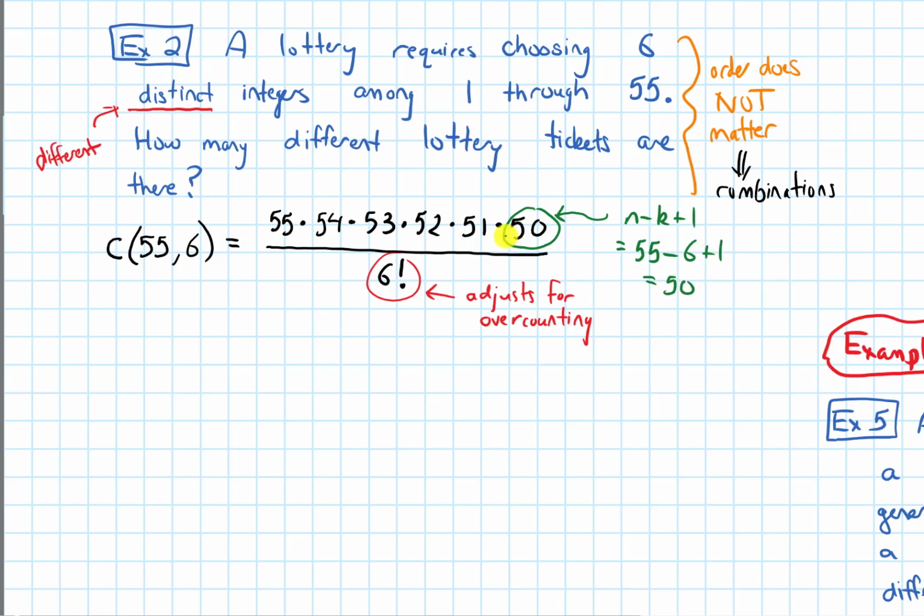So it's matching up with what we got for that last value. And if we plug this into a calculator, we get a huge number. We get 28,989,675. So we have that many different lottery tickets.